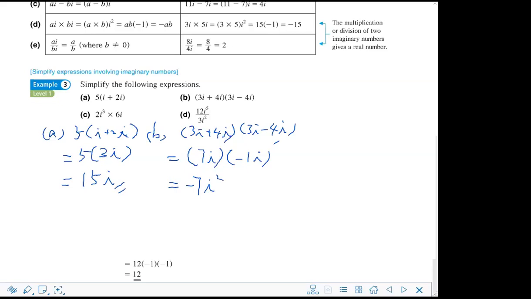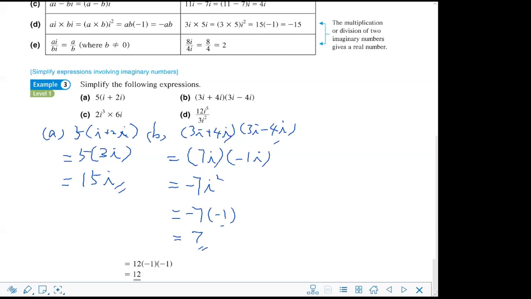But this cannot be the answer, because whenever you see i square, you need to change the i square to be negative 1. So it becomes negative 7 times negative 1. Double negative becomes positive. It becomes positive 7. So that is the answer of part B.